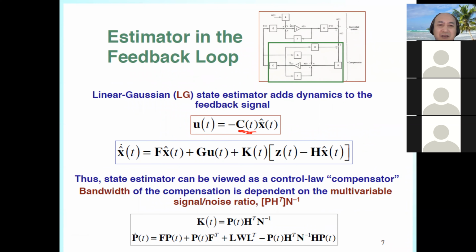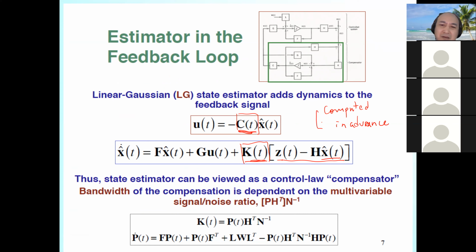This is the A, like the B, K(t) is in here. This is the prediction, this is the prediction error, and this K(t) and C(t) actually can be computed in advance.